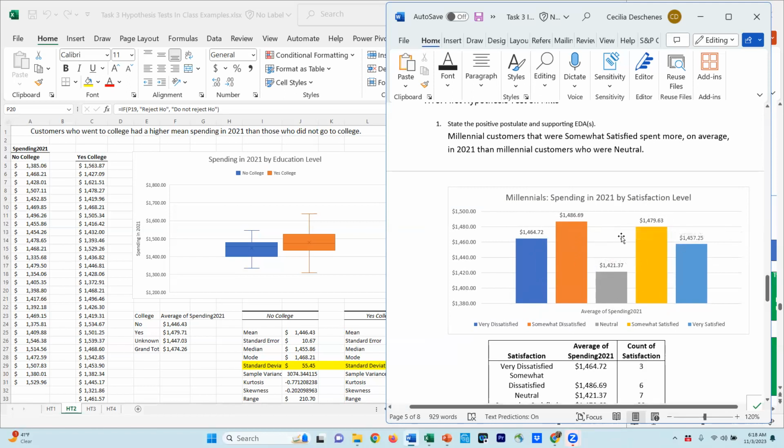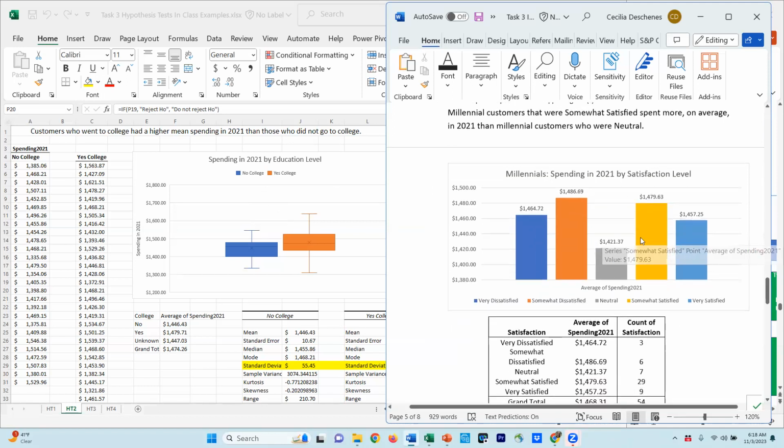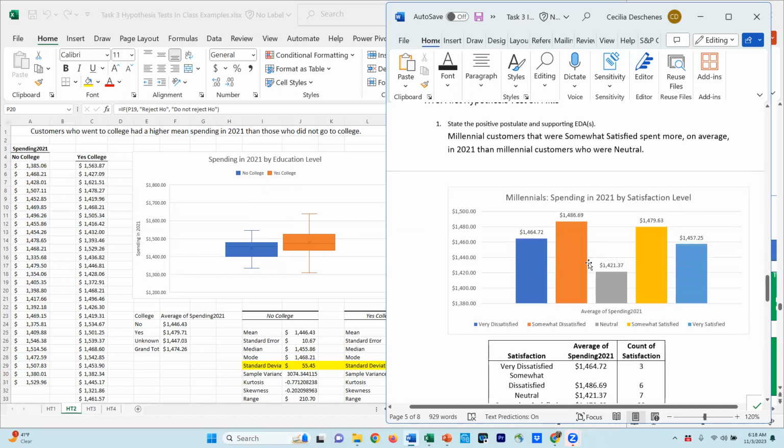I could have also done, because this is one categorical, one numerical, multiple box plots like I did over here on the left. I started out this way because I think that sometimes this approach is a little faster. This is the one that you do with that alternative kind of contingency table that I was talking about.